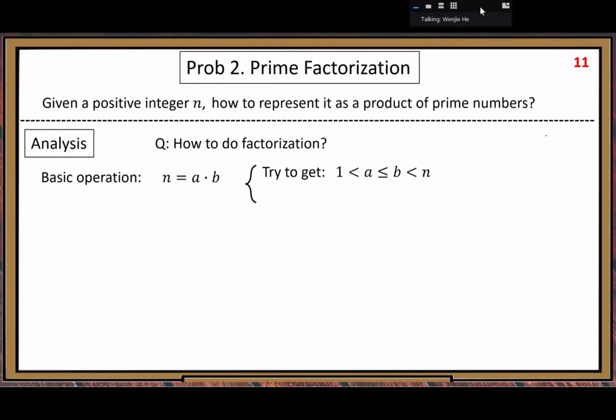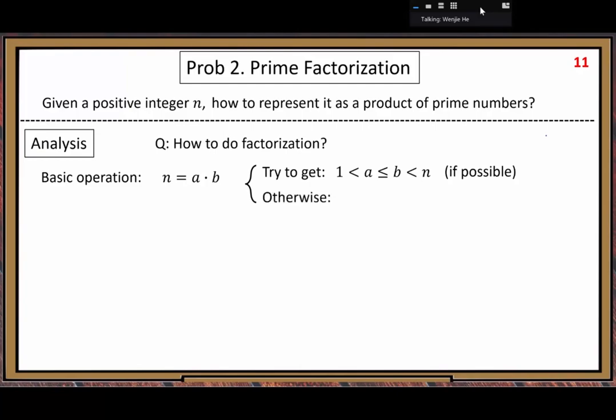Between A and B, we want to make A less than or equal to B. After we put these reasonable conditions there, because that's the factorization we are interested in, if it is possible, we can do that.